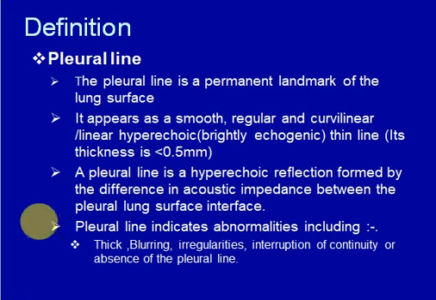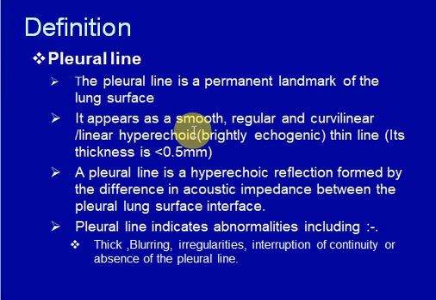We'll start with some definitions. What is meant by the pleural line? The pleural line is the permanent landmark of the lung surface. It appears as a smooth, regular, curvilinear or linear, hyperechoic, bright echogenic, thin line. Thickness is about 0.5 millimeter or less.